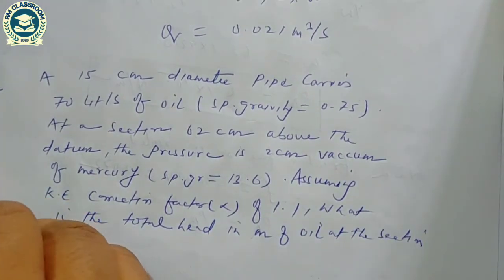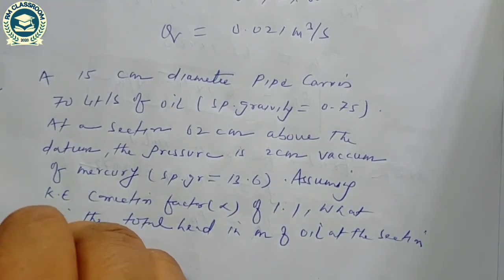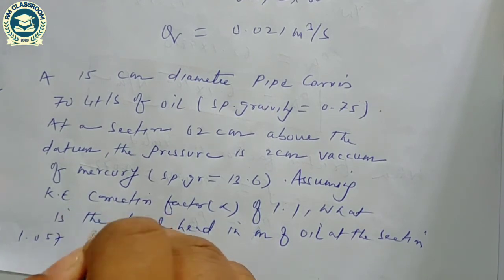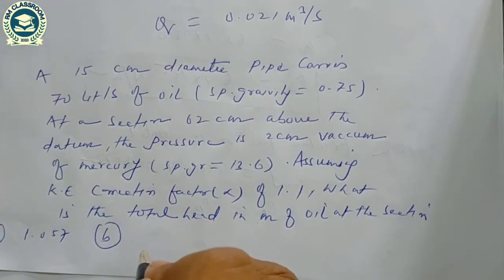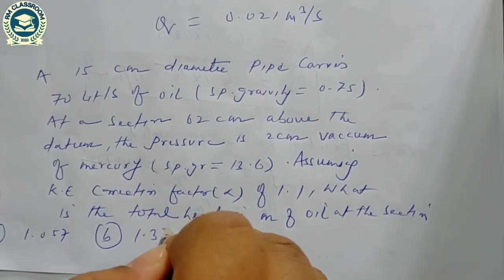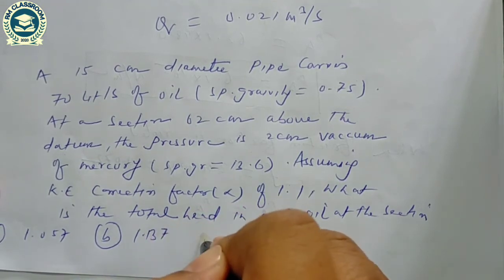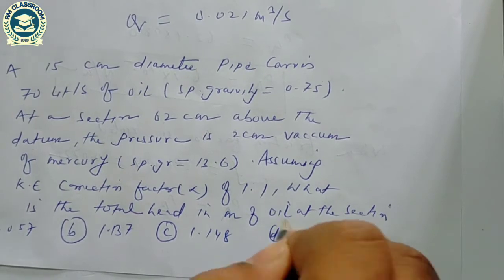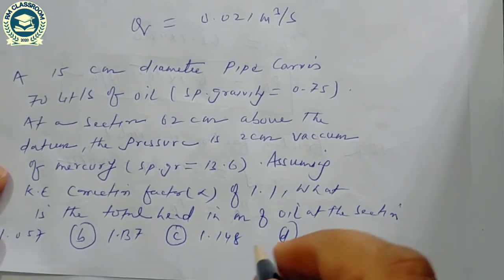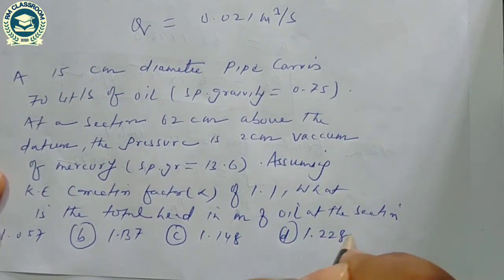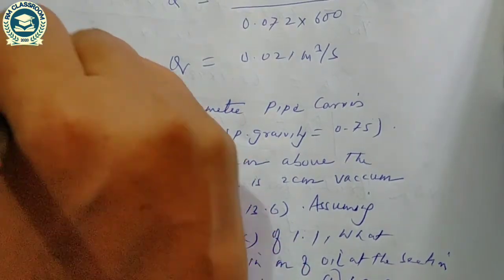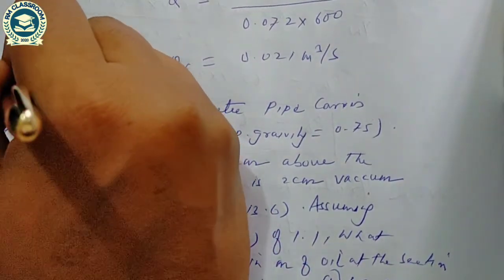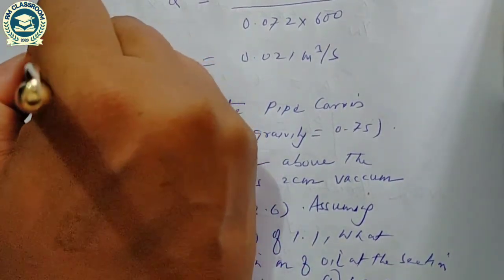Your options are option A 1.057, option B 1.137, option C 1.148, and option D 1.228. So this question is asked in Civil Services Examination 2009.